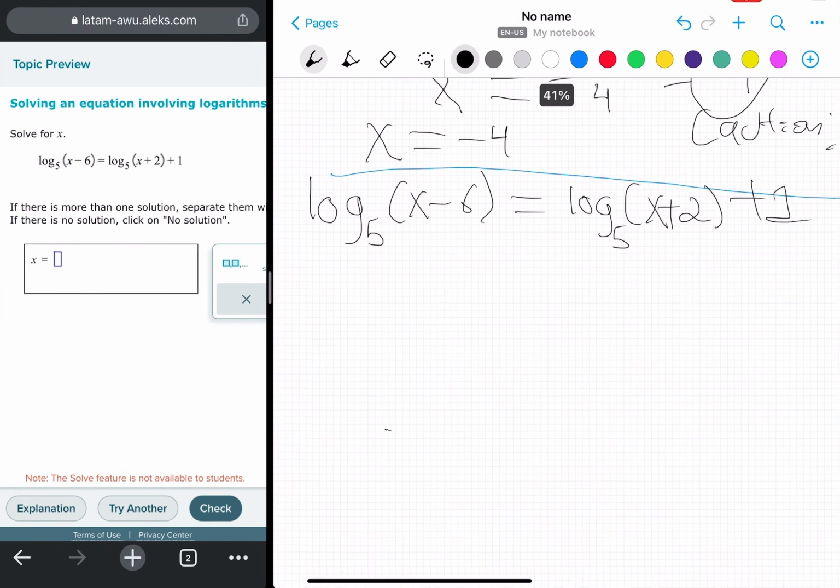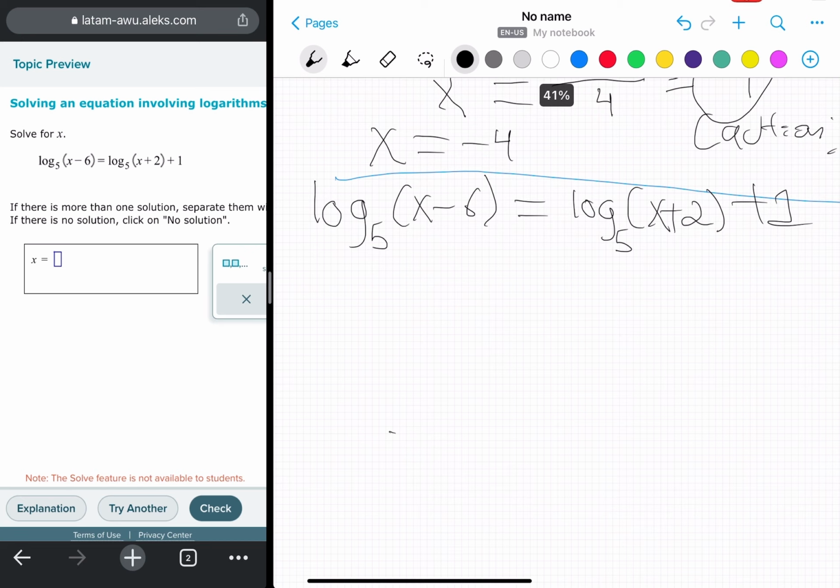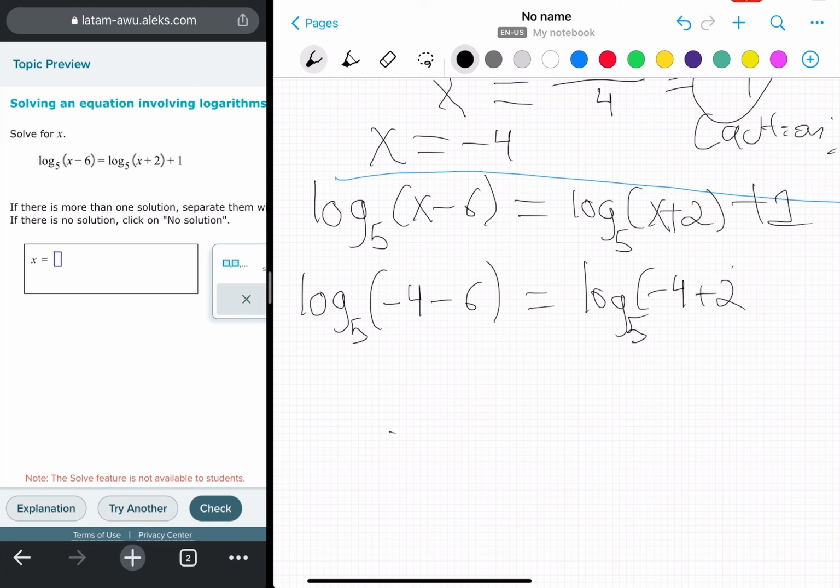I want to prove if this is right, so I will evaluate my equation at minus 4, and it tells me that it is logarithm base 5 of minus 4 minus 6 equals logarithm 5 of minus 4 plus 2, plus 1. All I did here was evaluate this minus 4 into my original equation.